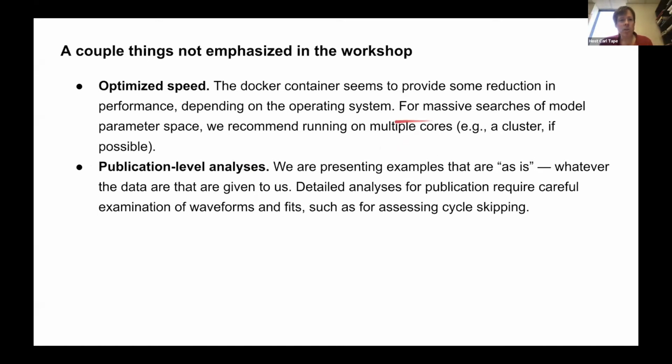And for massive searches, in research mode, the code runs on hundreds of cores if you want it to. It just depends on what resources you have. And also, publication level analyses: we're presenting examples as is. If we get some crummy waveform data, that's just what it is. We're not hand picking and extracting things, but if you're going to do a publication on your own event, it takes a lot more time, as you can imagine.